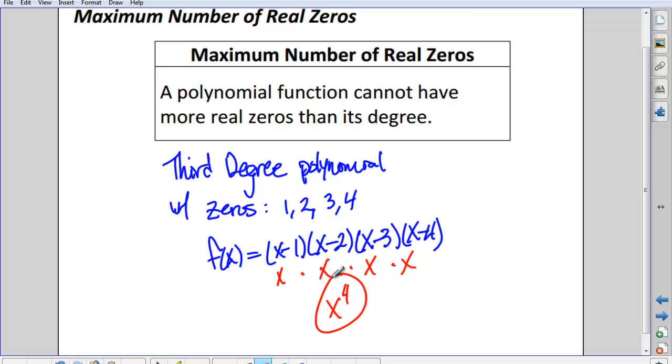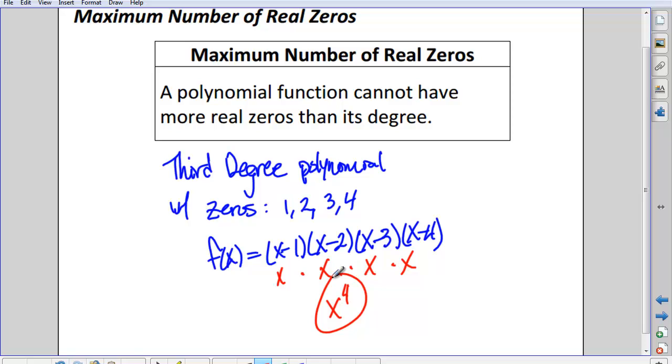And the reasoning behind this idea that your polynomial can't have more zeros than its degree is because the zeros really, they determine the degree, right? If we have 4 zeros, well then that means it's at least a 4th degree polynomial. Now, one thing I want you to notice also, though, is that it doesn't say that you will have as many zeros as your degree. It says that's the maximum number of real zeros you can have as your degree.